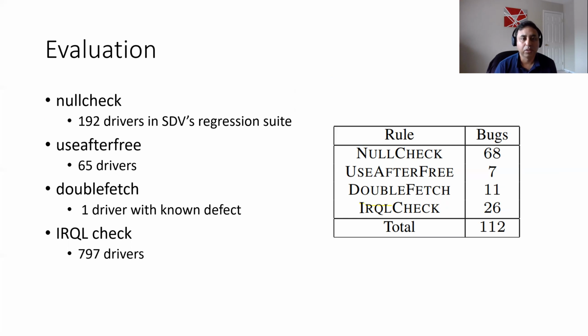Double fetch, we focused on one which had a known defect, and IRQL check had many drivers that had some IRQL call. And we found more than 100 bugs. For double fetch, we were able to find 10 more defects, which were variants of the known defect, which were all new defects, which was very nice.